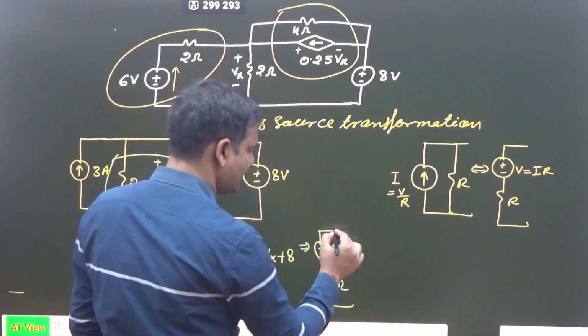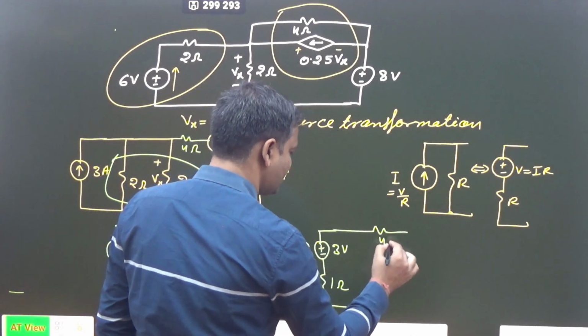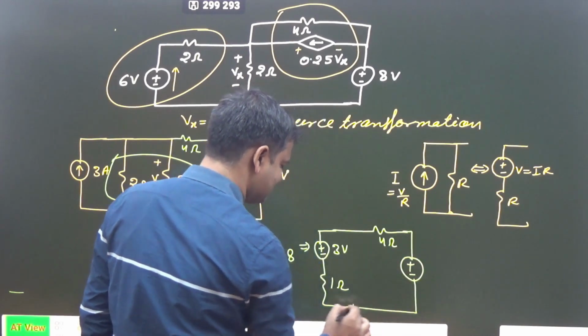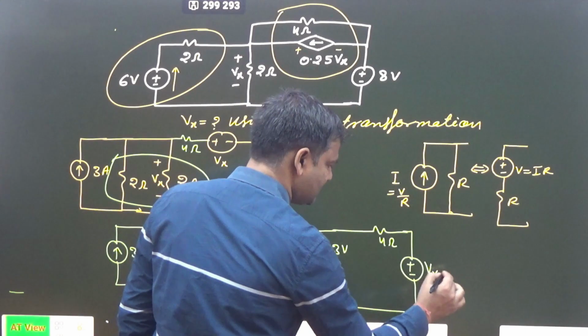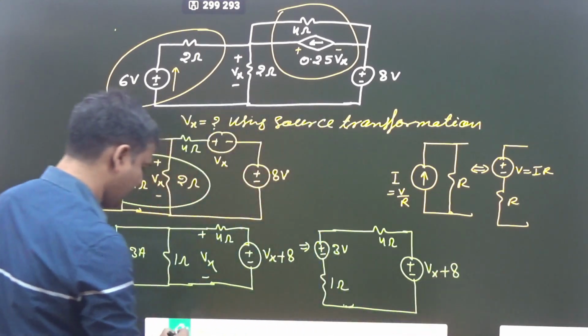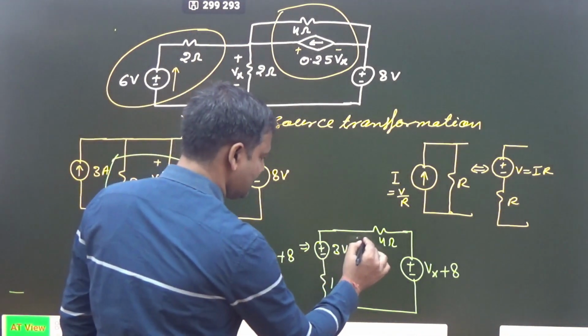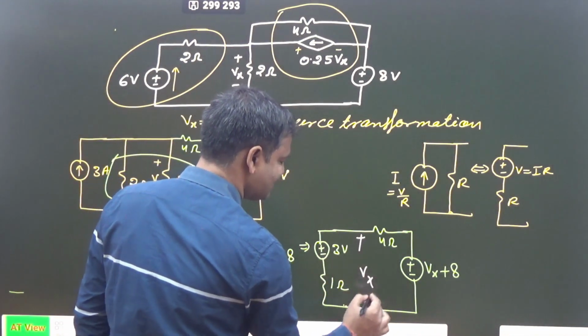Okay, and that one is 4 ohm, and that one is plus minus Vx plus 8. Okay, also, and that is Vx.